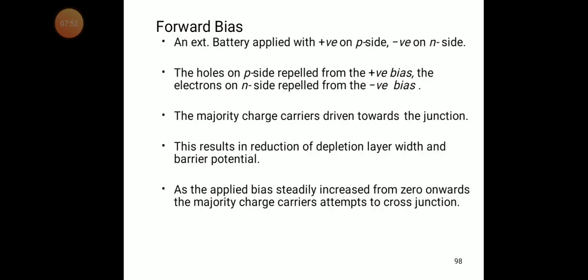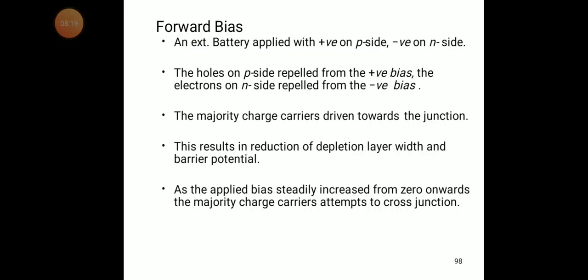The electrons on the N side are repelled from the negative bias. The majority charge carriers, the holes and the electrons, are driven towards the junction.